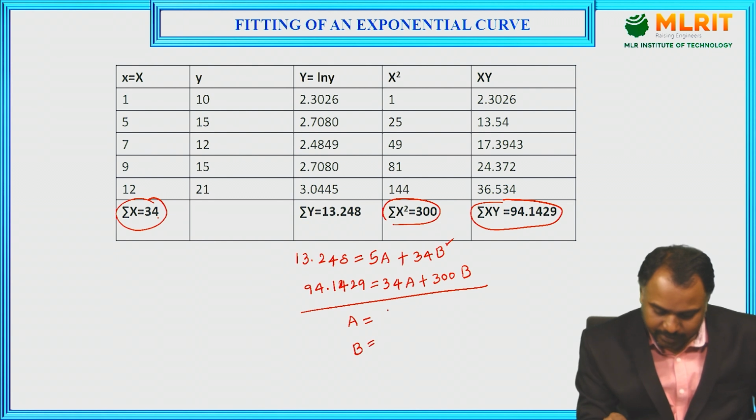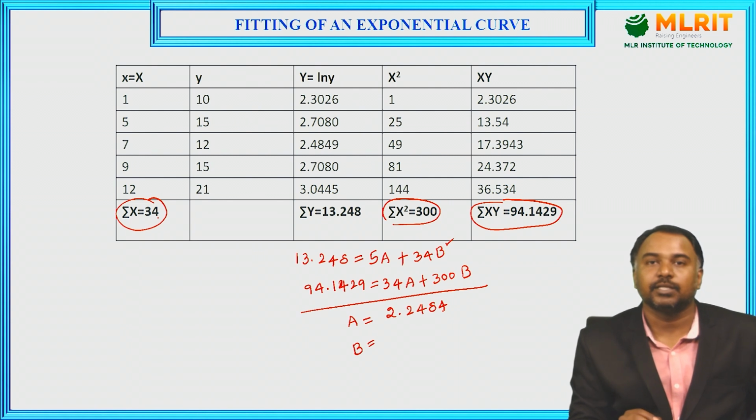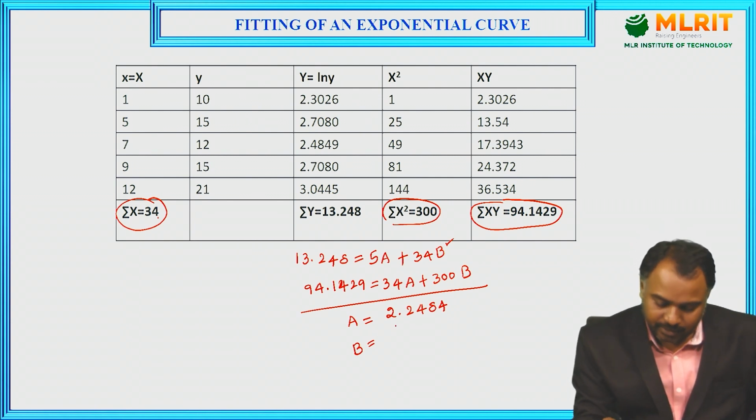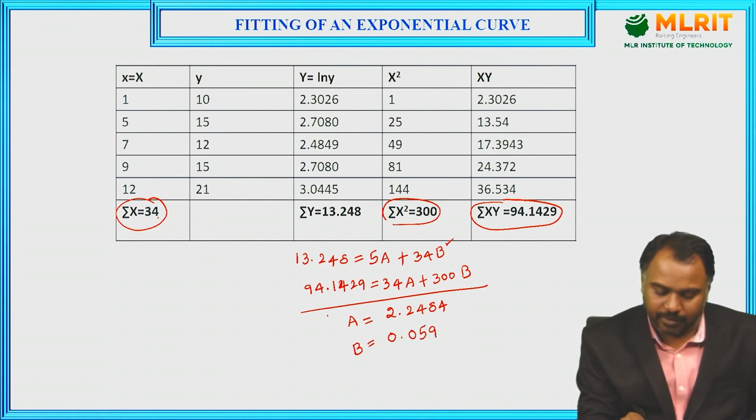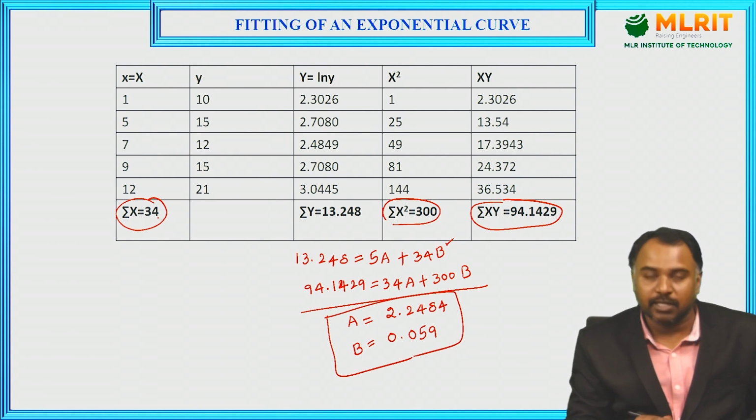So the capital A value is 2.2484. If you solve these equations, we get the capital A value as 2.2484 and the capital B value as 0.059. But these are not our original values.